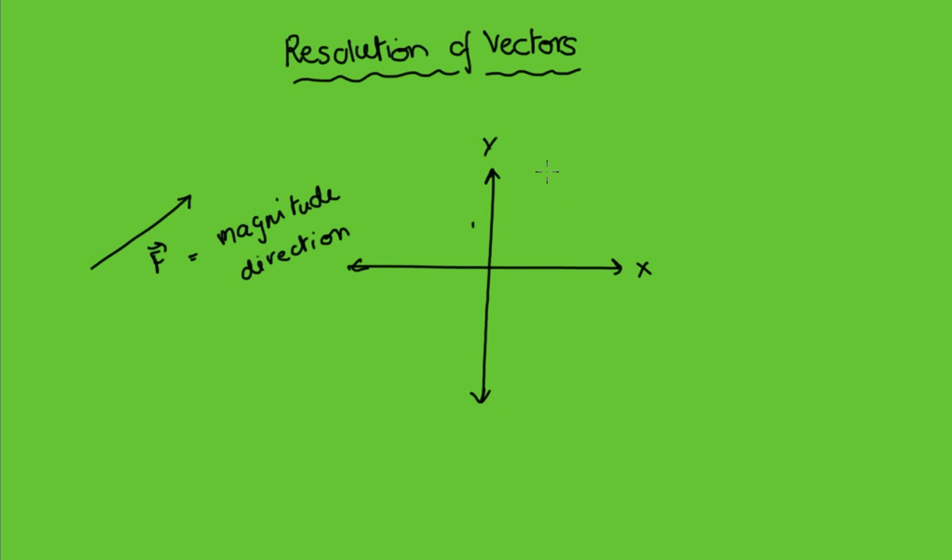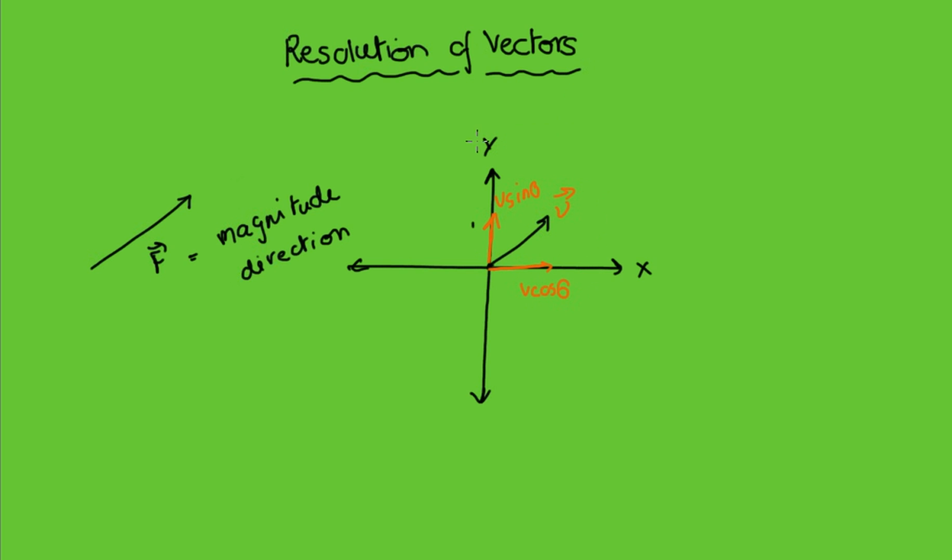Now, you may have seen that there's a vector like this, and you may have seen something like this, that those are known as components. Let's say that if the vector is v over here, there might be something which may be called v sine theta, and this called v cos theta.